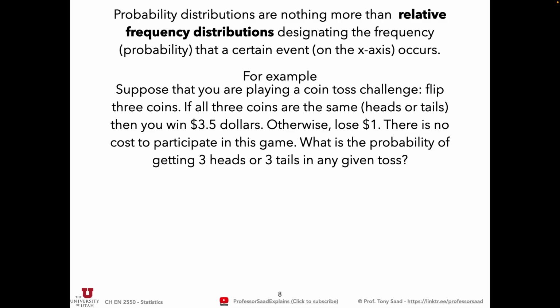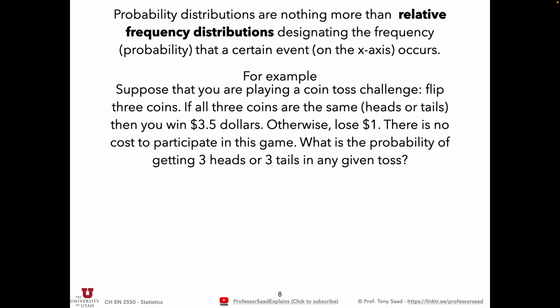That's a lot of money in 1950s dollars. Otherwise you lose $1. So it's a gambling game. You go and flip the 3 coins. If you get all heads or all tails, you win $3.50. If you lose, you pay $1 just for participating in the game. Now, there's no cost to participate in this game, and the question is, what is the probability of getting 3 heads or 3 tails in a given toss?